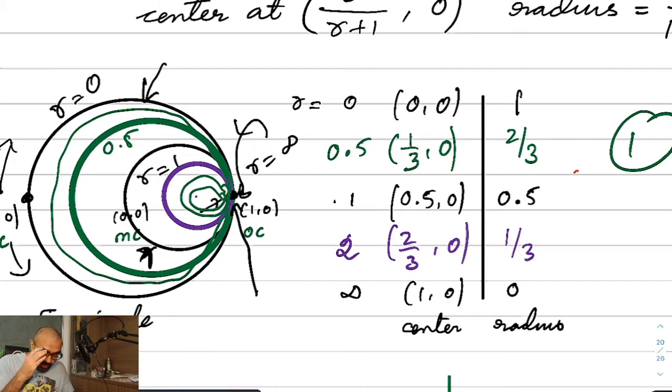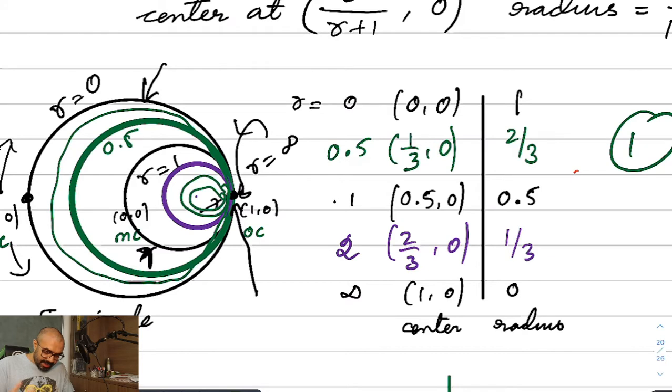The value of r equal to 1 gives me the circle having a center of 0.5 comma 0, and a radius of 0.5. Any value of r between 0 and 1 will give you circles like the green circle. It's going to lie between the r is 0 circle and the r is 1 circle.